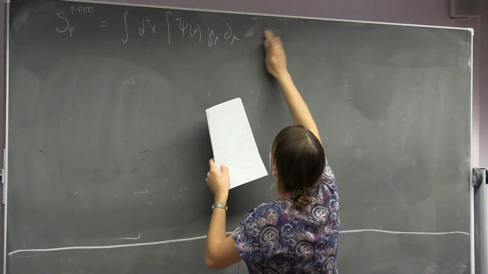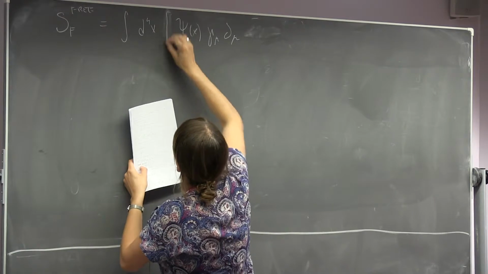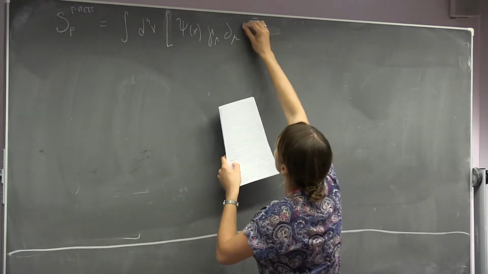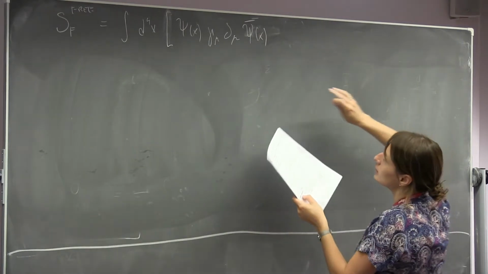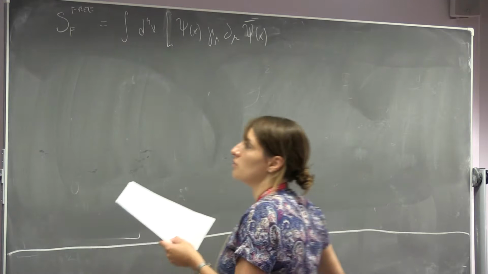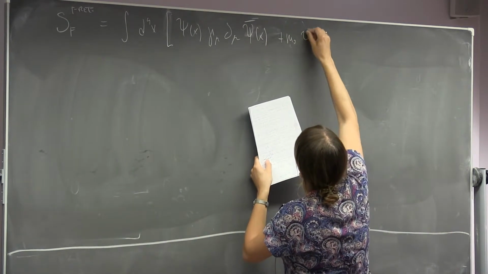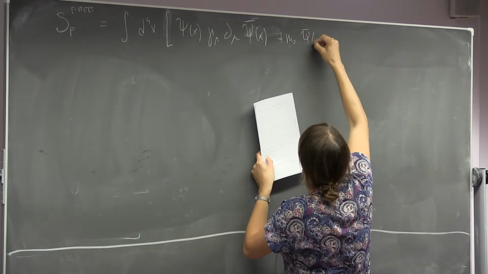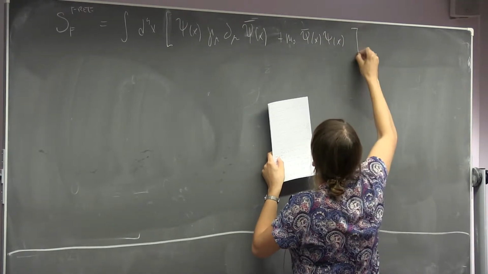Okay, so let's split the two terms. The integration is over all of them. Psi bar of x, this is the only term remaining from the covariant derivative part, and we will have m0 psi bar of x psi of x.